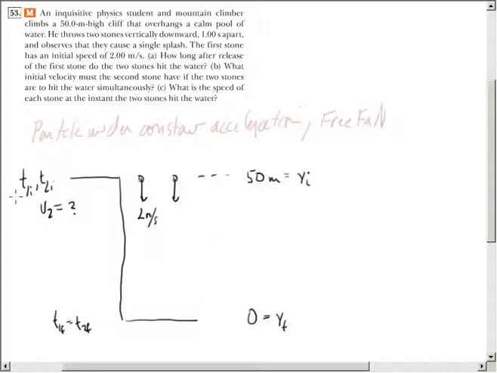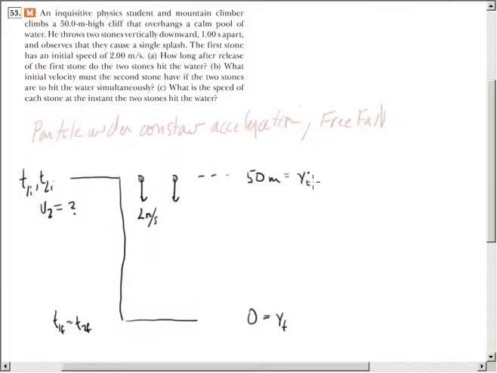We have, of course, the initial time for particle 1 and 2. We do not know the initial velocity of particle 2. We know the initial velocity of particle 1. We know the initial height from which each one is dropped. We know the final height, we can just call that 0. And we know that the final time of each particle is the same.